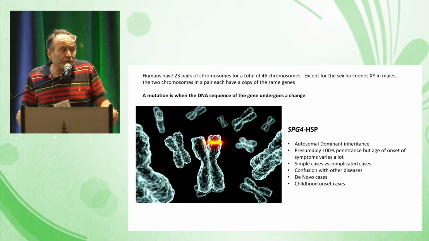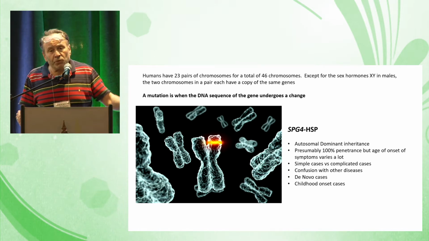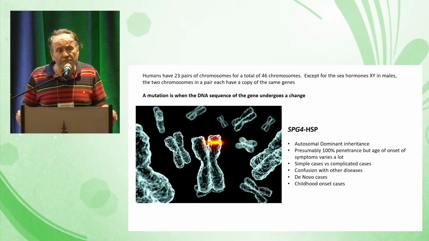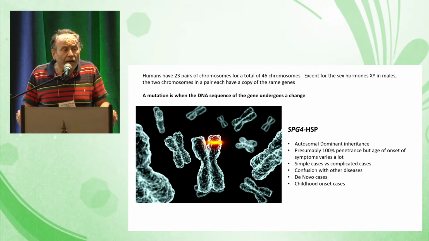There are still people today who can have a spontaneous mutation. So there may well be some of you in the room who, you yourself or maybe your child, has hereditary spastic paraplegia, but nobody in the family had it before. Well, how can this be? Well, that's what happens. The spontaneous mutations happen all the time.